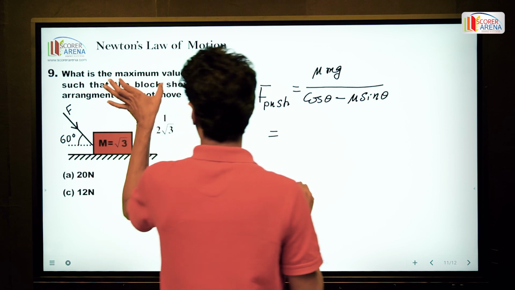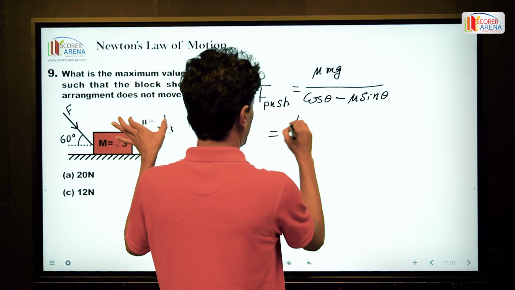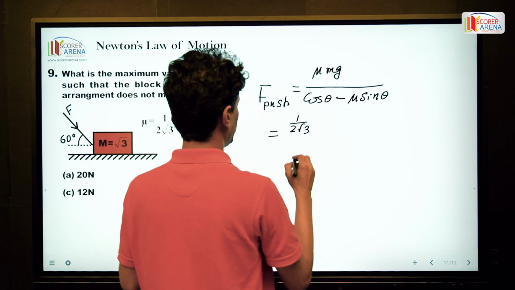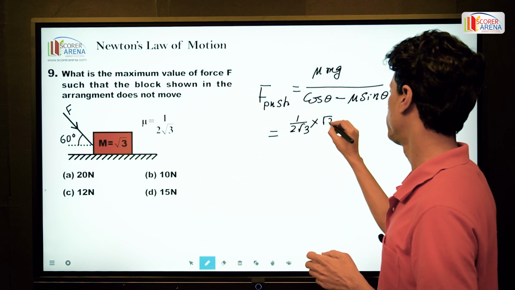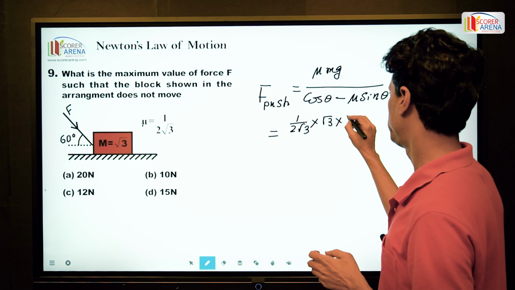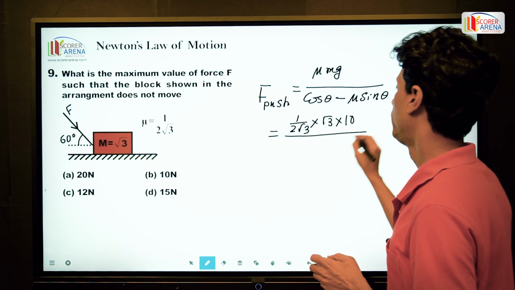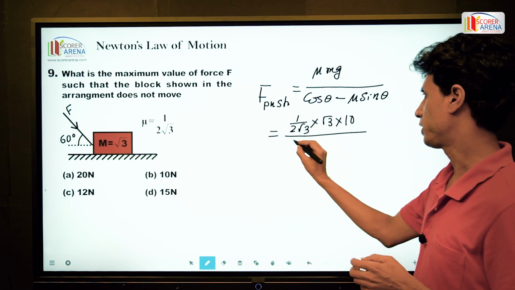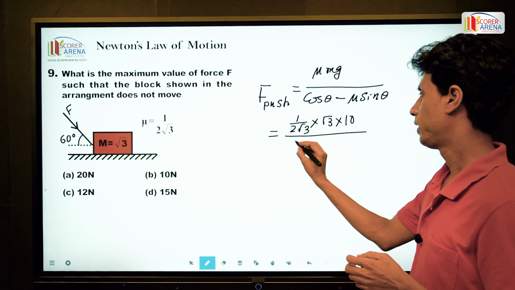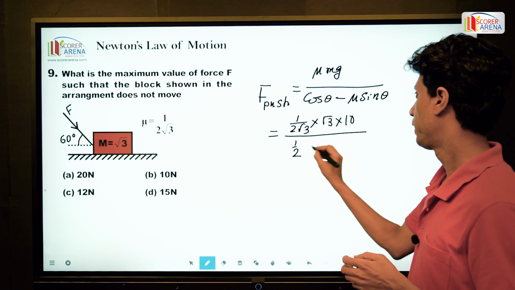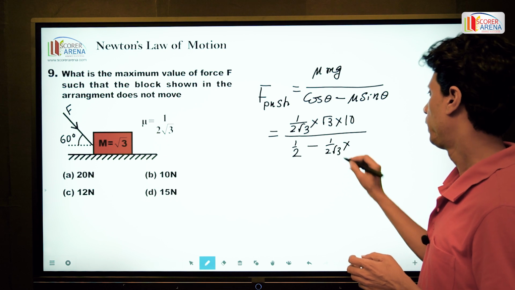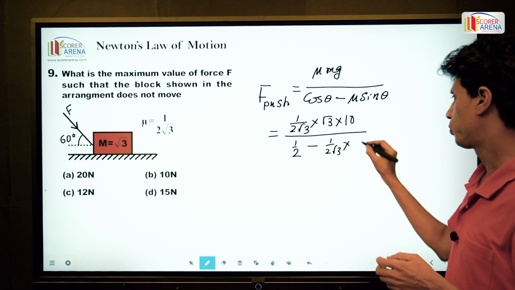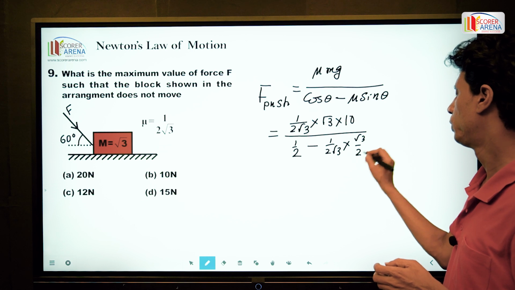The value of mu is given as 1 by 2 root 3, the mass of the body is root 3, the value of g is 10, cos 60 is half, the value of mu is 1 by 2 root 3, and the value of sin 60 is root 3 by 2.